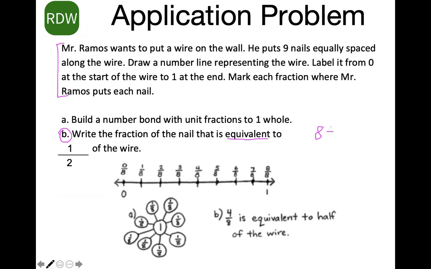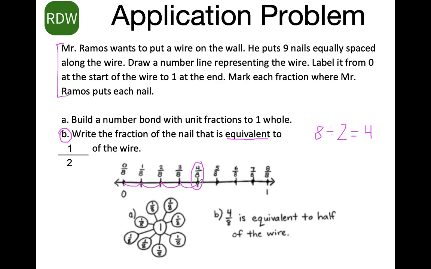Okay, so if we divide it by 2, we know that 8 divided by 2 is 4. So to find the exact half, we can count 4 because there should be 4 on either side. So this would be 1, 2, 3, 4.